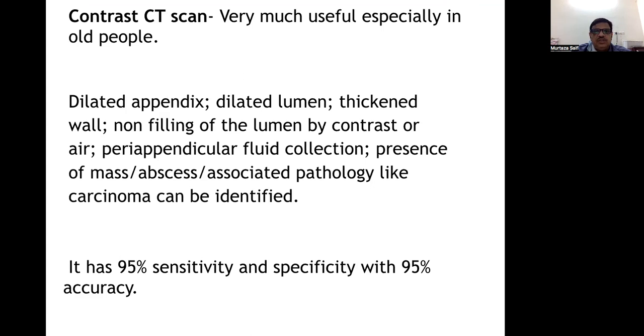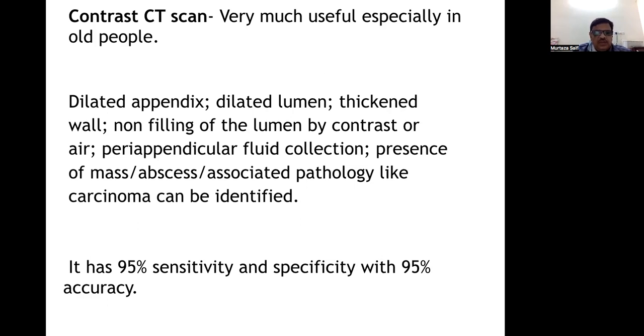Next investigation is the contrast CT scan. It is very useful, especially in old people. It shows dilated appendix, dilated lumen, thickened wall, non-filling of lumen by contrast or air, periappendicular fluid collection, presence of mass, and abscess. Associated pathology like carcinoma can be identified by CT scan.